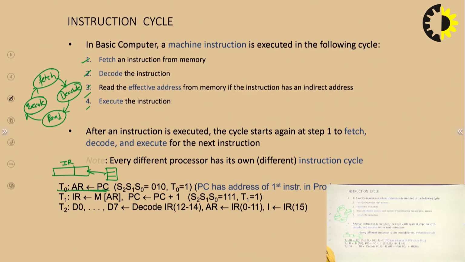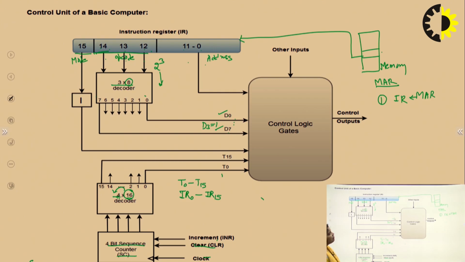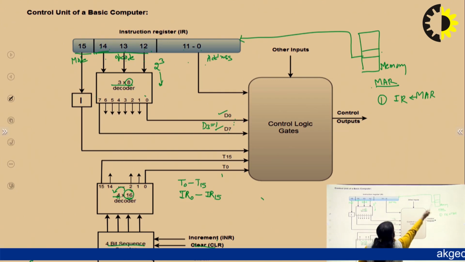In the second step, the PC will be incremented by PC plus 1, and it is going to the IR. That is the IR to MAR, as we discussed earlier, at the T1 time.